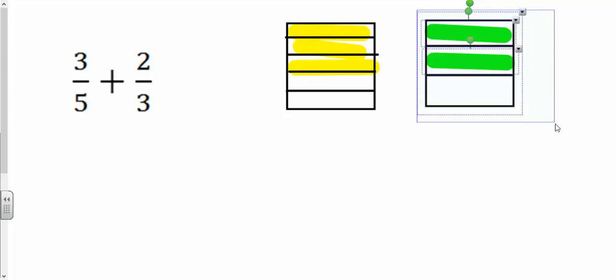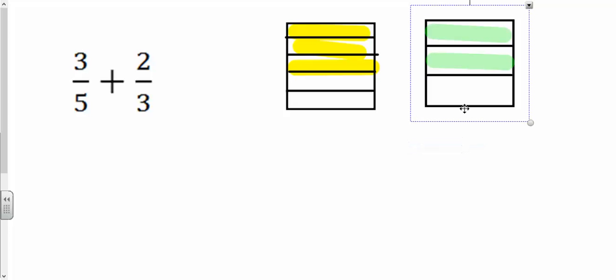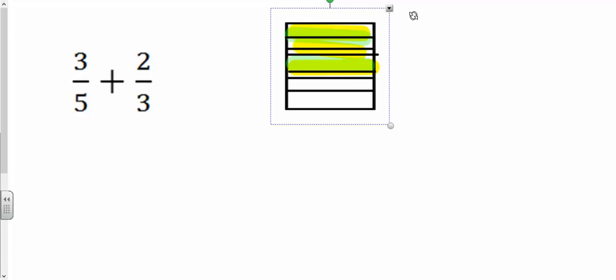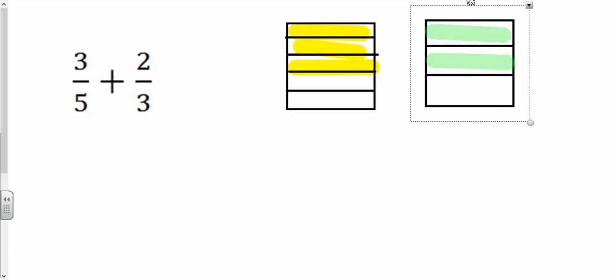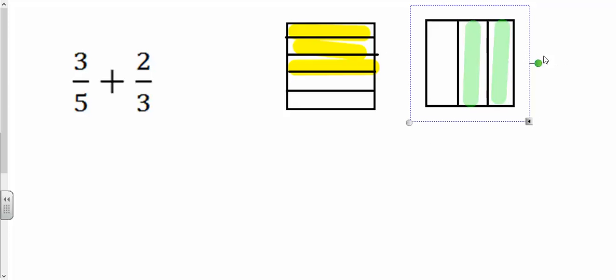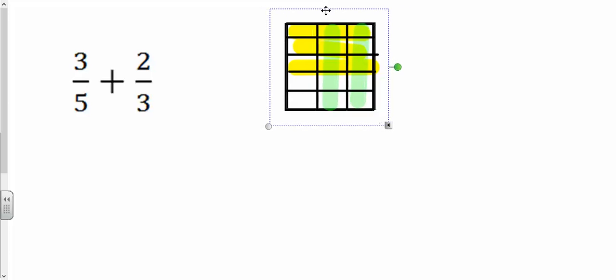We've got to do something quite clever with the amount that they have been divided into to be able to do it. So we can't just add those because they've not been divided into the same amount. However, if we have a look at this for a second, this might help us a little bit. If I take this across and move it over here, that will give us a clue as to how we need to divide those up.